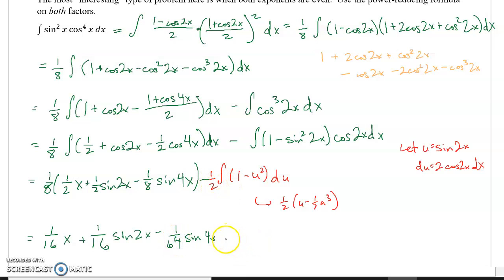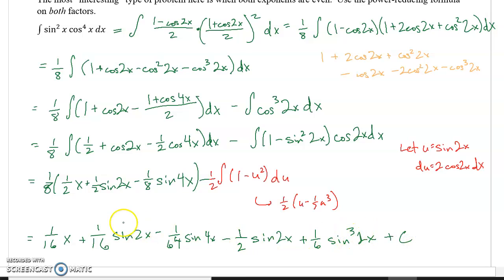Minus 1/2 times u being sine of 2x. And then also minus 1/2 times negative 1/3, so plus 1/6 u cubed, or sine cubed, of 2x plus c.